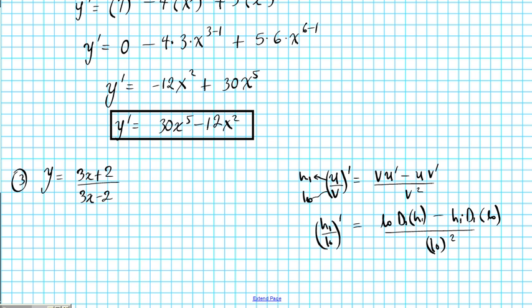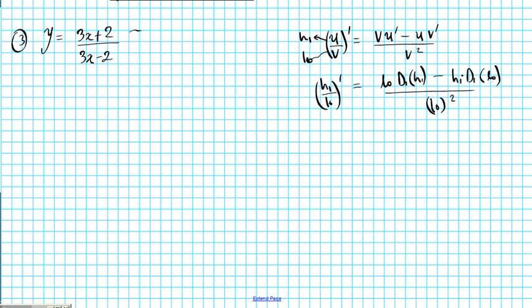All right, so in this problem, this is going to be my u, and this is going to be my v. I'm going to use this formula to compute the derivative here. So y prime is going to be v, which is 3x minus 2, times u prime, which is 3x plus 2 prime, minus u, which is the numerator, 3x plus 2, times v prime, which is 3x minus 2 prime.